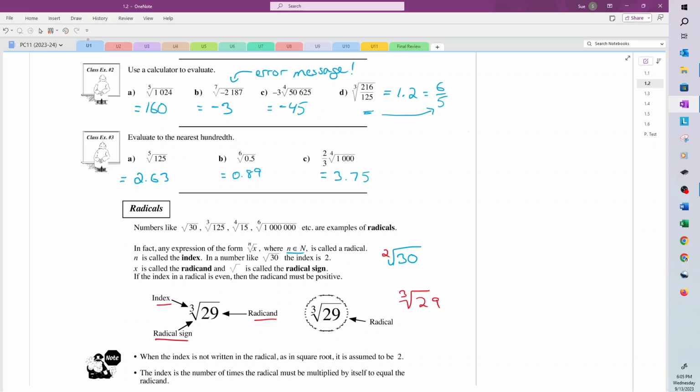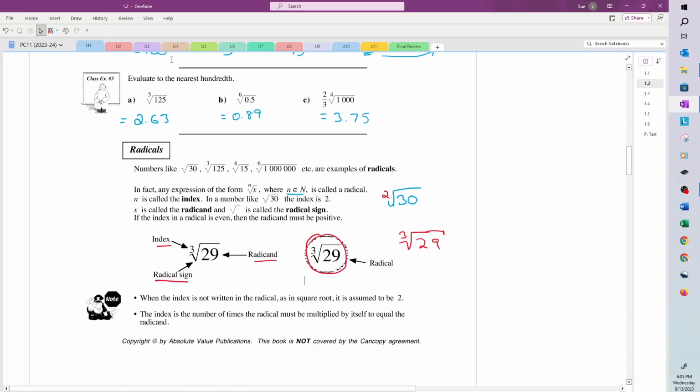So what I'll usually do in my own work is I make sure I extend it, and then I put a little tick mark going down that says, okay, this is where this actually ends. So there's no ambiguity or confusion about what is under the radical sign and what is not. The whole thing together is called a radical. Okay? So that's important to know that vocabulary.